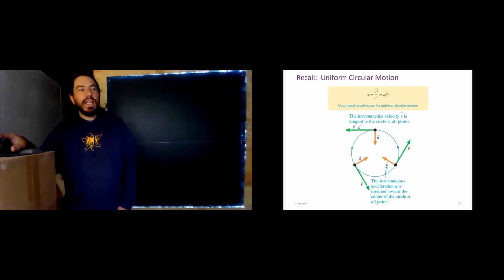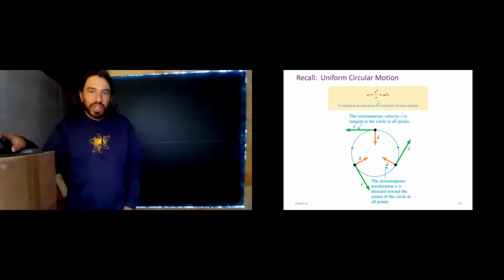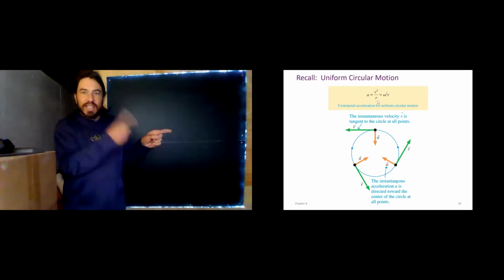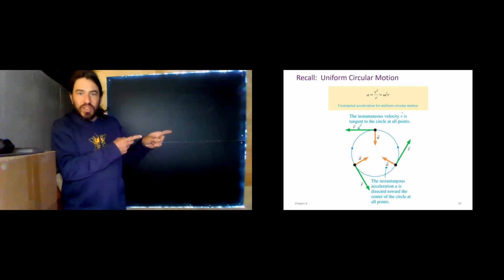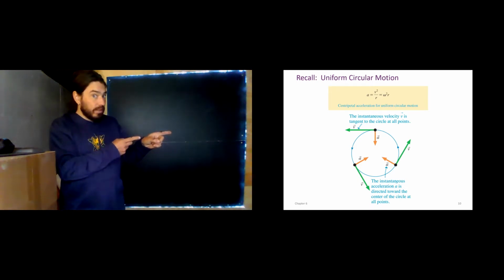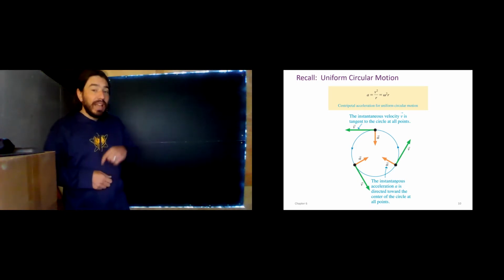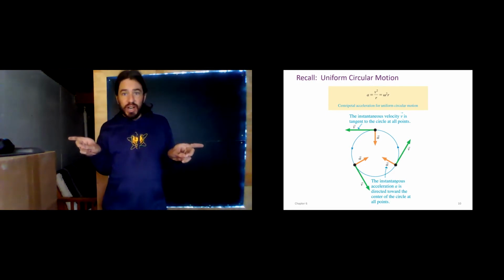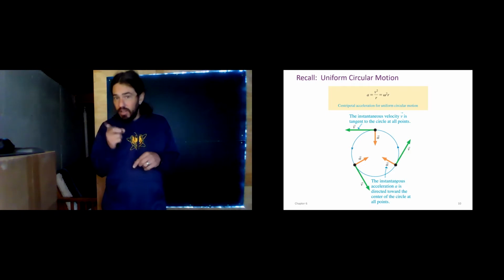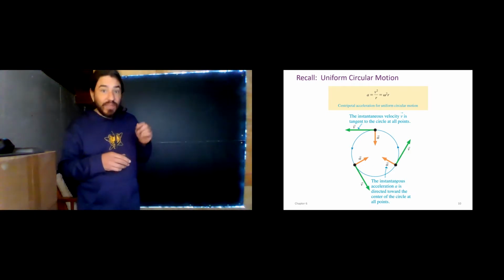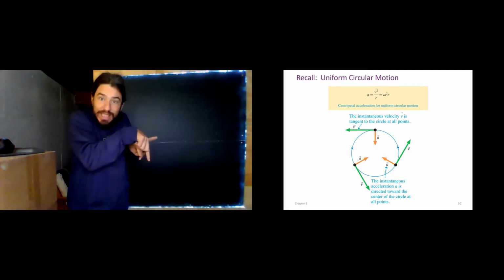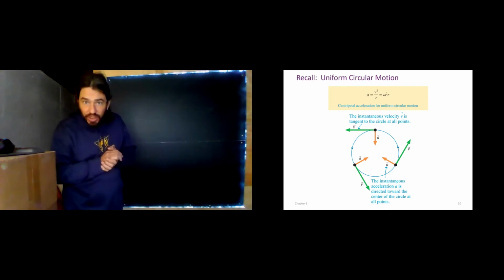Okay, so again, recall that this acceleration is called the centripetal acceleration. Recall that if velocity and acceleration are in the same direction, that object is speeding up. If velocity and acceleration are in opposite directions, that object is slowing down. And if velocity and acceleration are perpendicular, then that object is turning a corner.